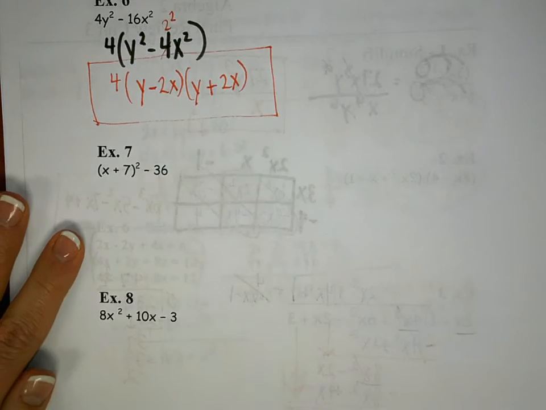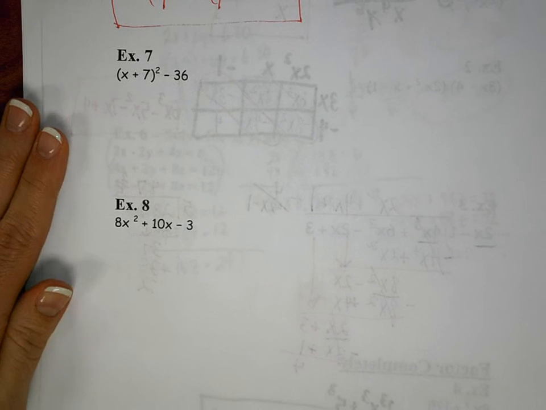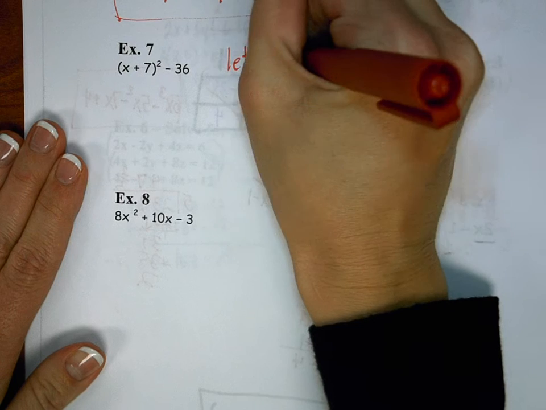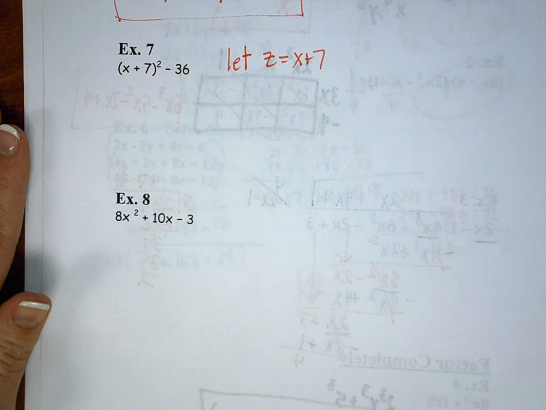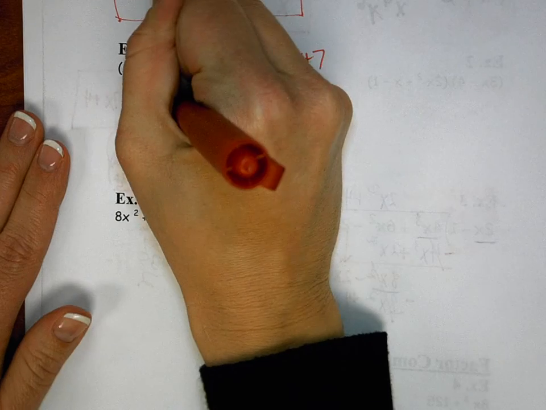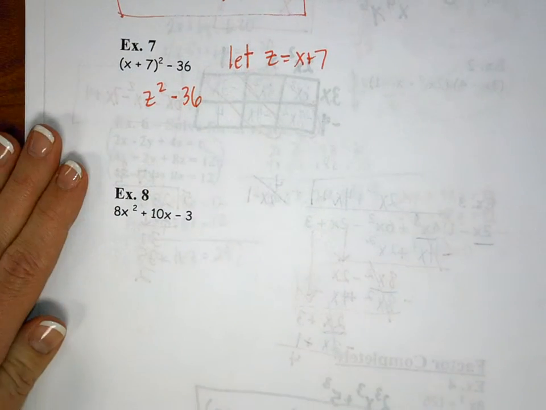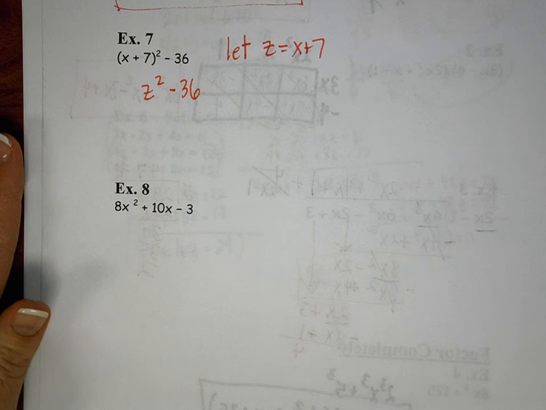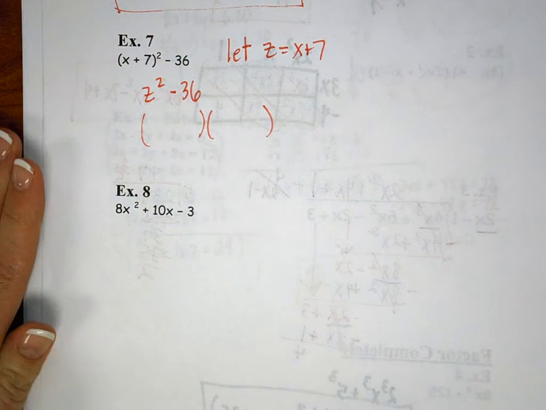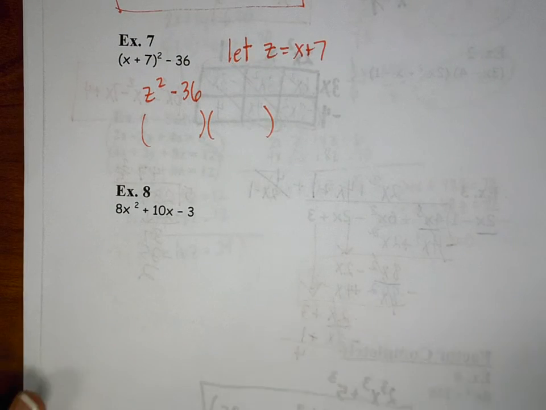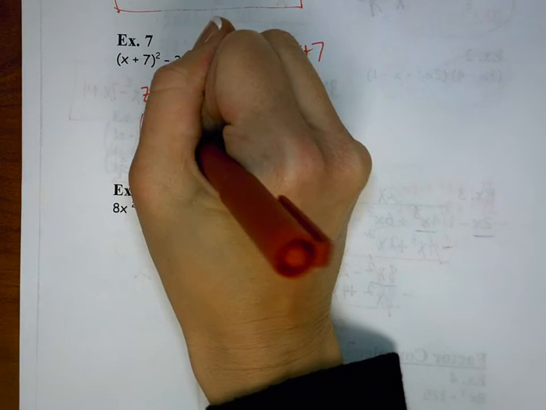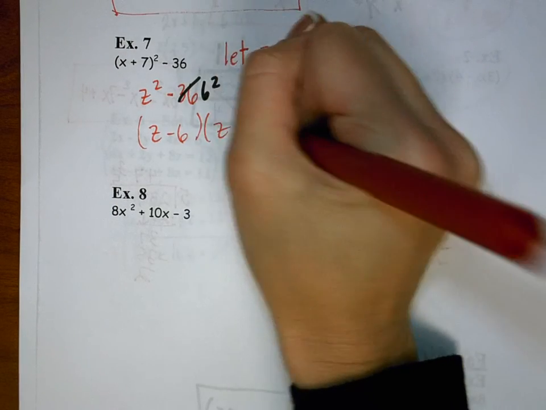Who remembers how to do example 7? You're going to let z equal x plus 7. Oh, I remember this now. So we have z squared minus 36. How does that factor? Difference of squares, because 36 is actually 6 squared. So when I write this out, we have z minus 6 and z plus 6.